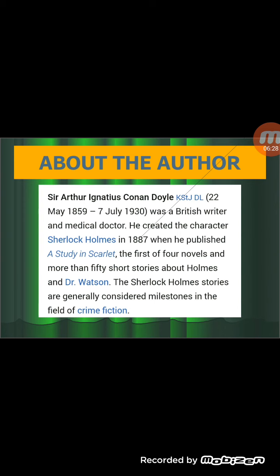He was a British writer and medical doctor. He created the character Sherlock Holmes in 1887 when he published A Study in Scarlet, the first of 4 novels and more than 50 short stories about Holmes and Dr. Watson. The Sherlock Holmes stories are generally considered milestones in the field of crime fiction.